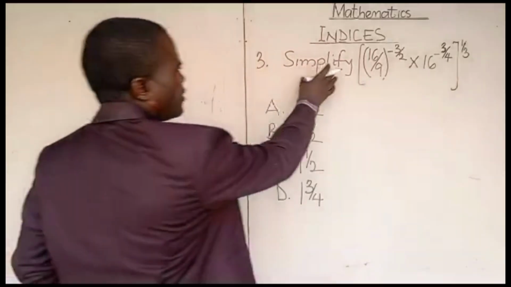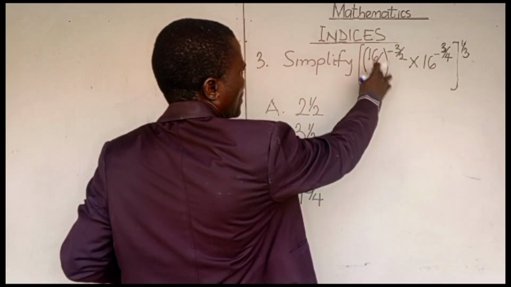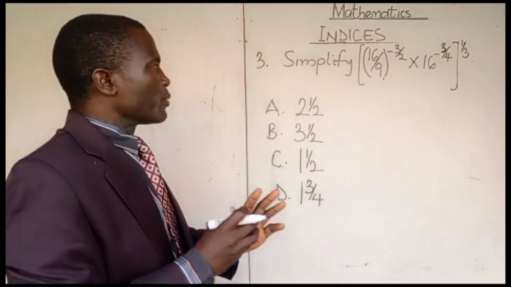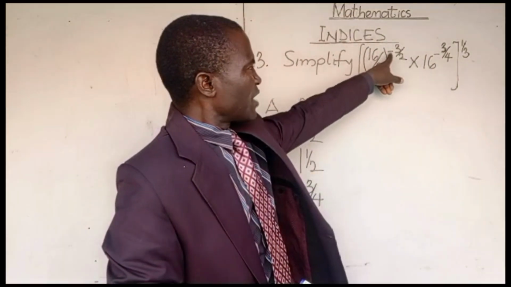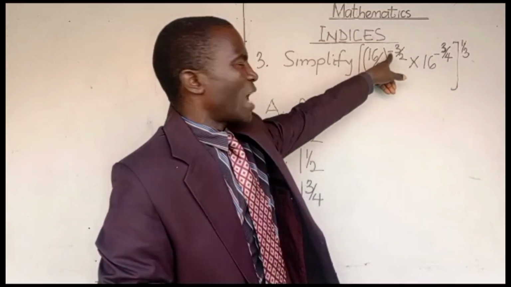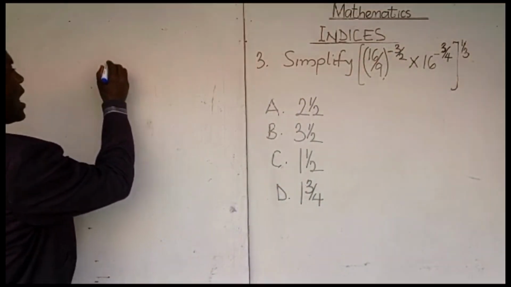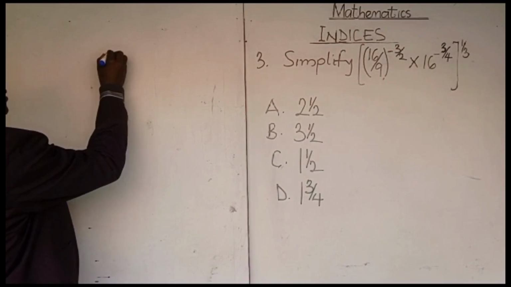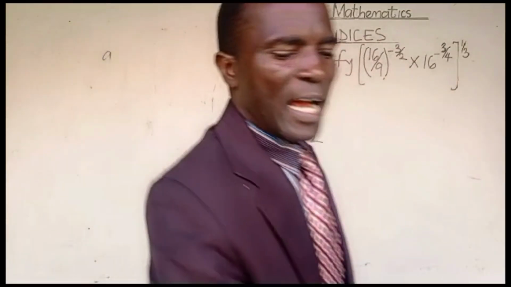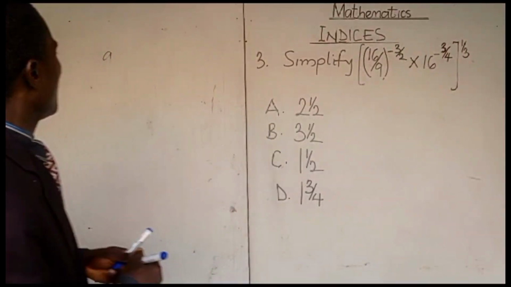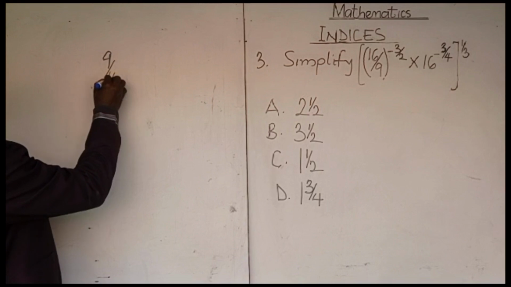Here is simplify 16 over 9. We are going to adopt the principle called knockout principle. First and foremost, we knock out this negative. How do you knock out this negative here? You are going to have 9 all over 16.